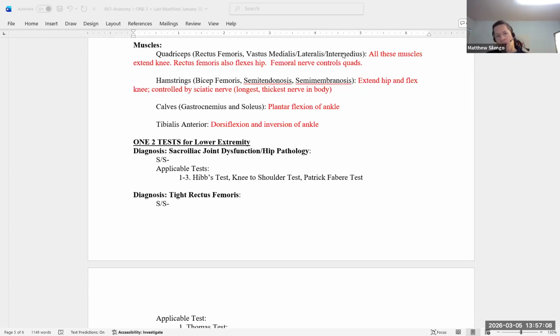Now, the rectus femoris specifically, so not the vastus muscles, but the rectus femoris specifically, does one other thing in addition. The rectus femoris is a longer muscle. So that goes all the way up and attaches on your pelvis. So the rectus femoris also flexes the hip.